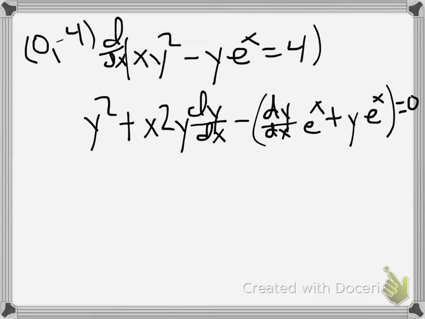Alright, so yet again, I'm going to now plug in x and y. So when I square y, that's going to be positive 16 when I square negative 4. And of course, when x is 0, this guy is gone. So this is going to be now minus dy dx times e to the 0, which is 1.